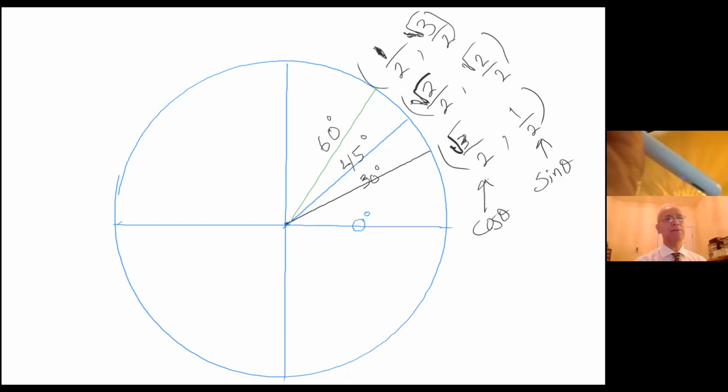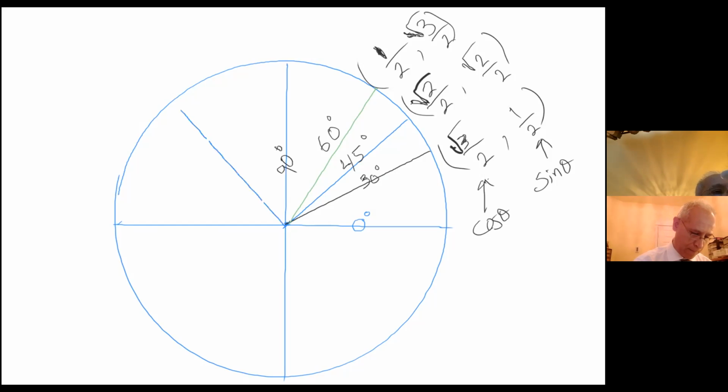So how can I use quadrant 1 to know the other angles in quadrants 2, 3, and 4? Okay, let's continue with this, just looking at this unit circle. So now this is going to be my pi over 2 or 90 degrees. And let me put 3 angles in here, trying to match the colors.